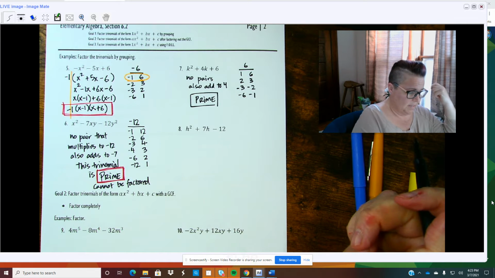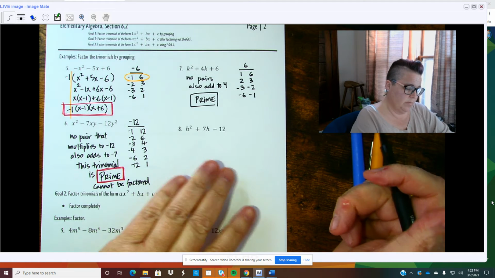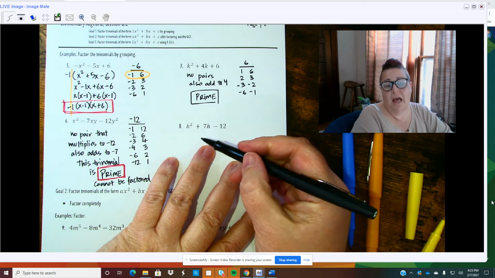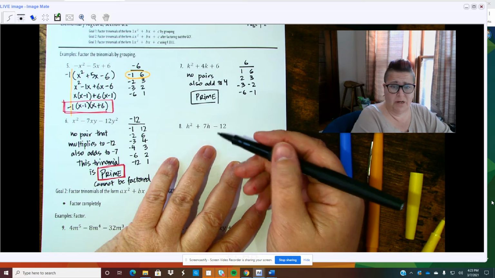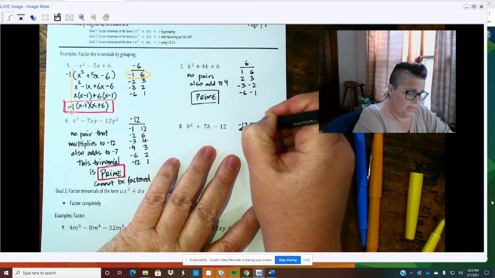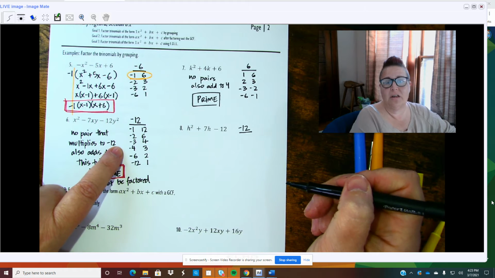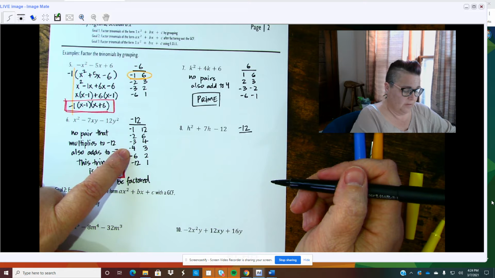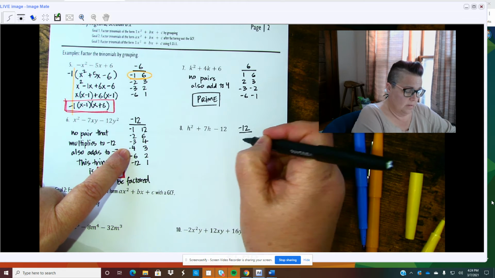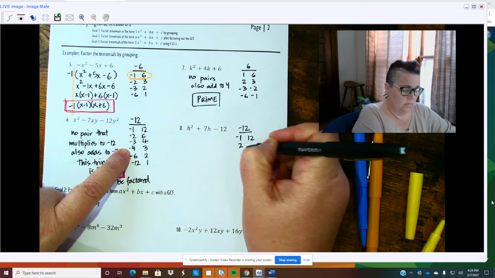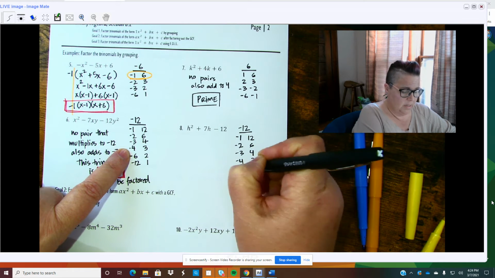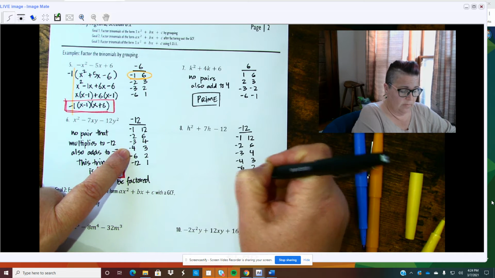Okay. What about the last one? I think it's also going to be prime. And here's how I'm jumping ahead, right? I'm not showing a lot of work here, but if I do a -12, that's going to be all the same factor pairs as here. So I can do them all over again, but I really don't want to. But if I do all those same factor pairs again, so -1 and a 12, a -2 and a 6, a -3 and a 4, or a -4 with a 3, a -6 with a 2, and a -12 with a 1.